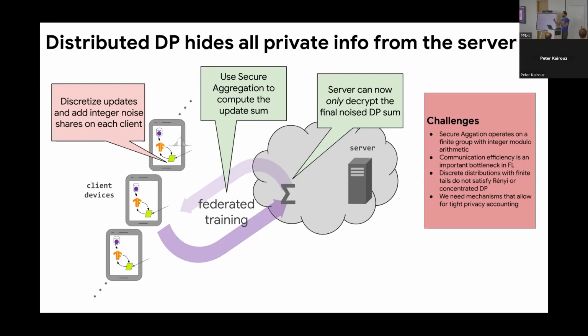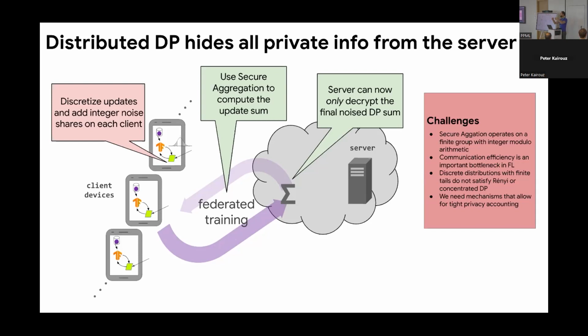We care about communication, and we want to reduce the number of bits we send back from the device to the server. We're operating, say, over 8-bit fields. What does it mean to talk about Gaussian noise over 8-bit fields? If it's 32 or 64 bits, maybe you can approximate Gaussians pretty well. But over 8 bits or 16 bits or 12 bits, we can't talk about proper Gaussian noise.